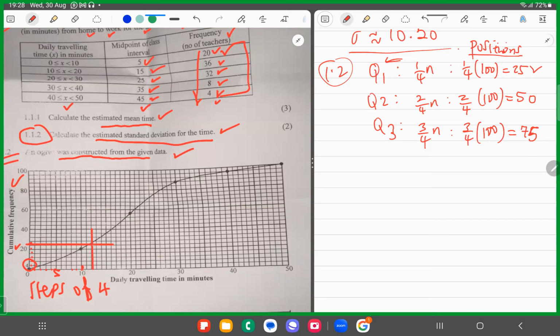So approximately this point is where you have 10, 11, 12. So you have 12 here, you have 12 there, and here you have what? Approximately the position 25.